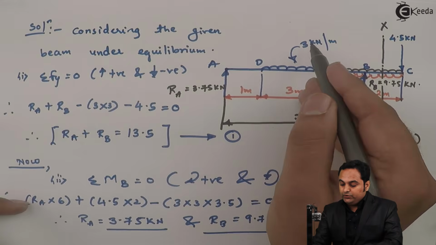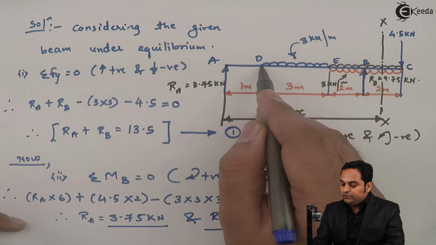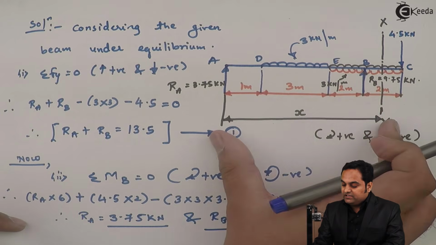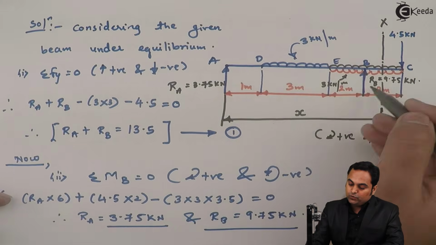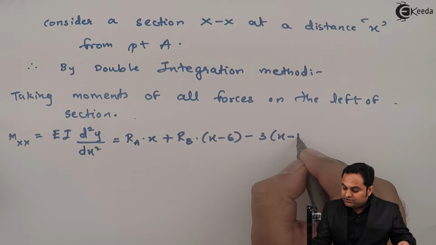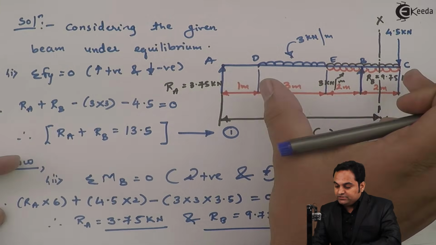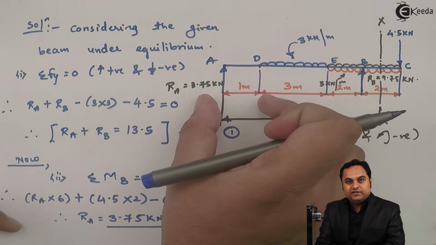Next we have this UDL which is there on the upside of the beam between D to C. So it is at x minus 1 distance. I'll say that it is producing anti-clockwise moment. So minus 3 into x minus 1, that is, I have converted the UDL into a point load by multiplying it with x minus 1.